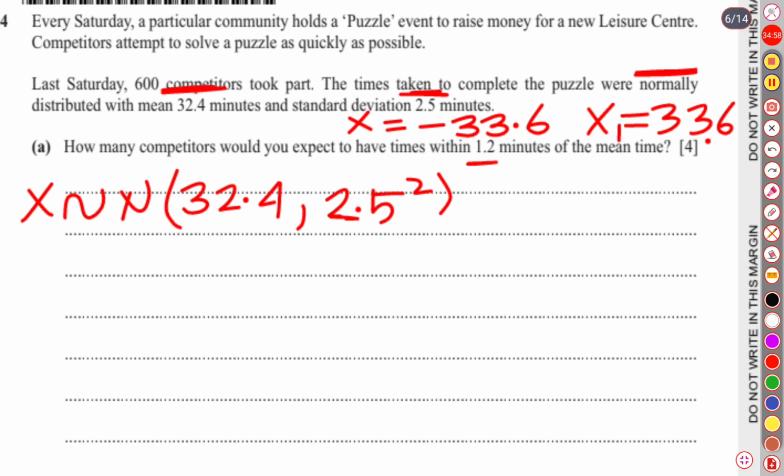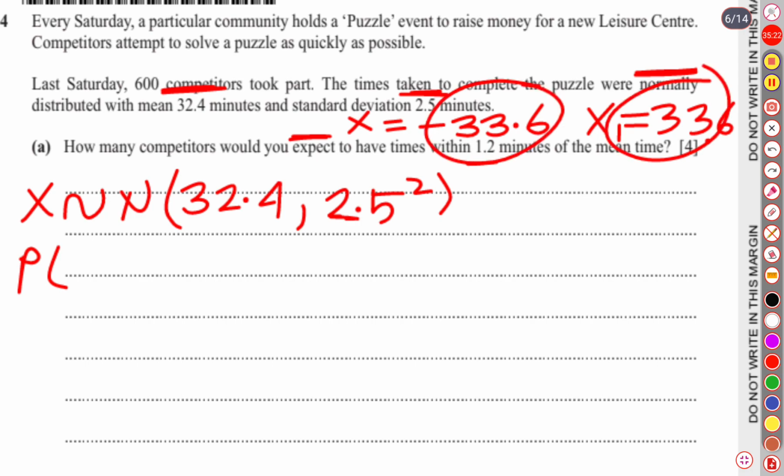Now for expected value, we will first have to find the probability and the total number. If we find the product of probability and total number, that is the expected value, I mean the mean. So let us find the probability between these two values, these two of our variable.